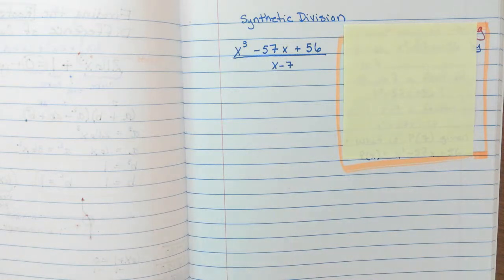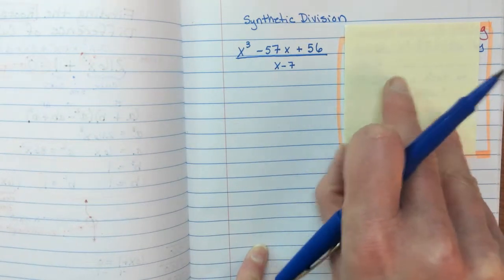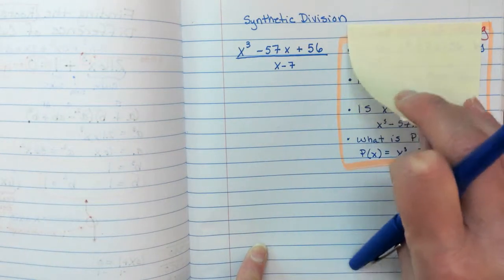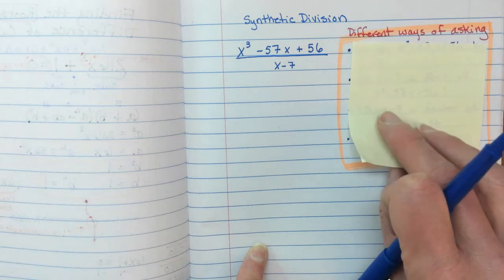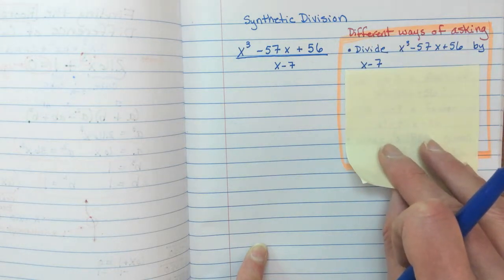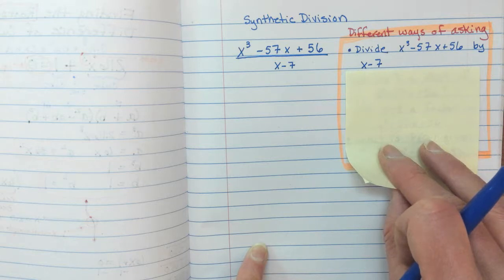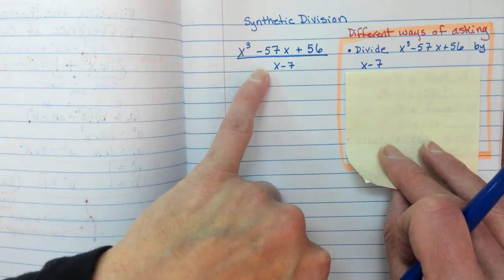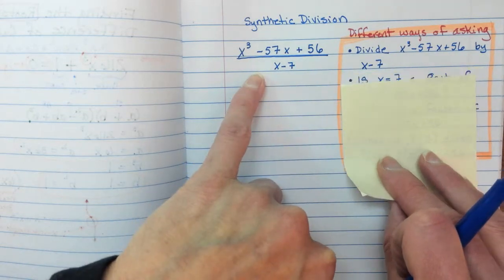So before I get ahead of myself, I want to show you some other ways that this question could be asked. So these are all different ways of asking us to divide. It could say divide x cubed minus 57x plus 56 by x minus 7, which is another way. These both mean the same thing.